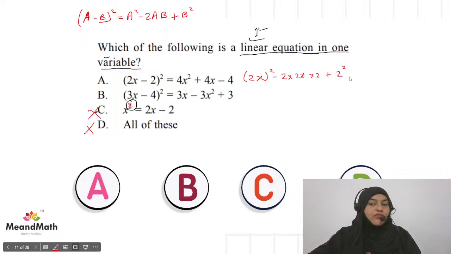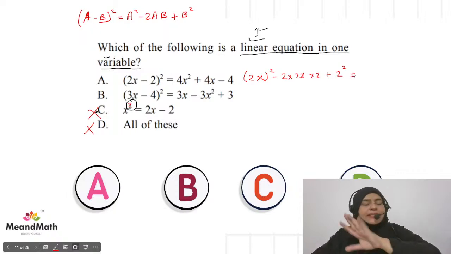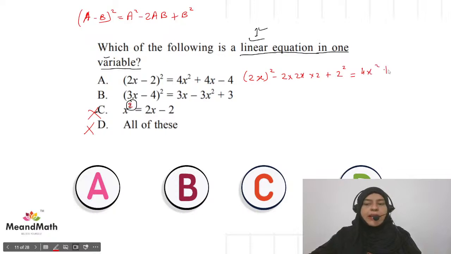This is the whole square formula. And on the right hand side, there is no need to apply any formula. It is 4x square plus 4x minus 4. Right? Yes, Ayan, it's an algebraic expression identity. Yes, it is an algebraic expression.